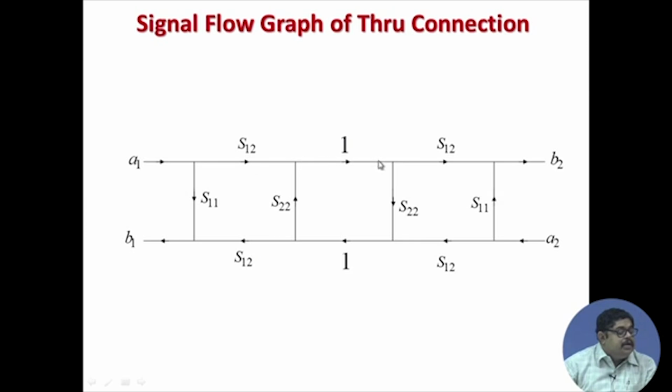And inside, through means the transmission from this point to this point is 1, and this point to this point is 1. There is no transmission line, it is just 2, that is why these two ends are connected by 1 in this through connection.